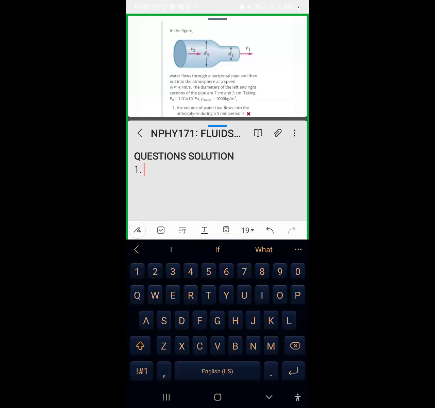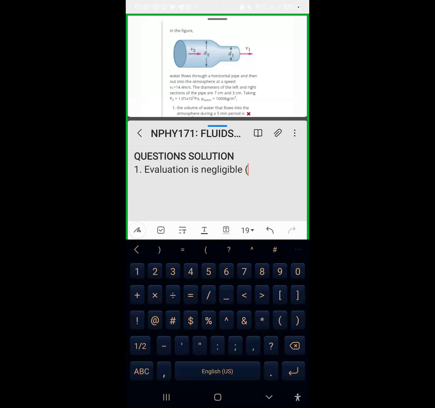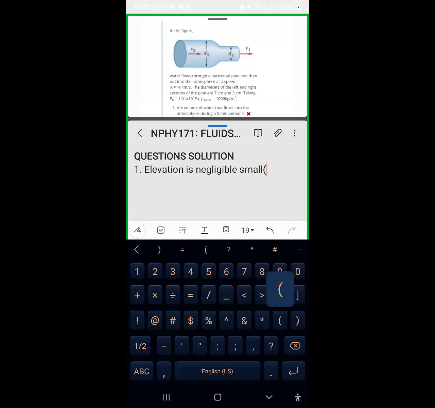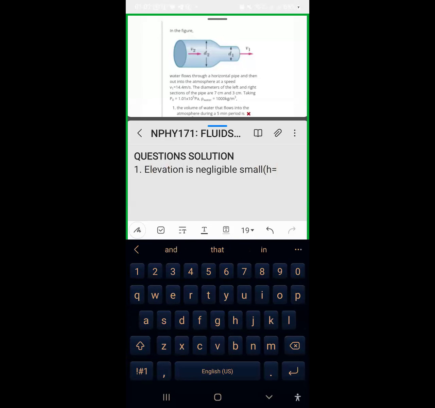So this will be our first assumption, that the elevation is negligibly small. So as a result, your h is simply equal to 0.